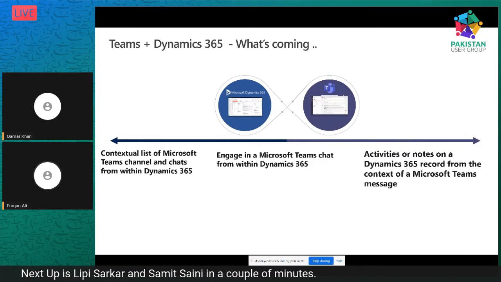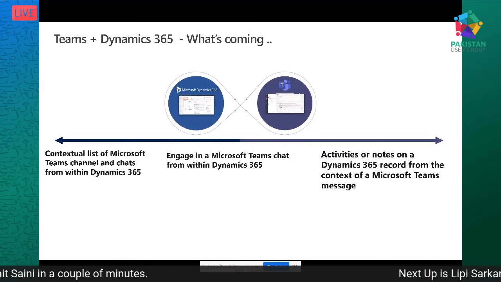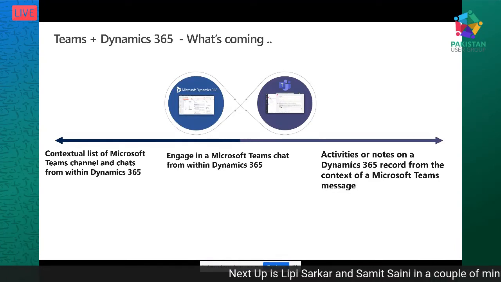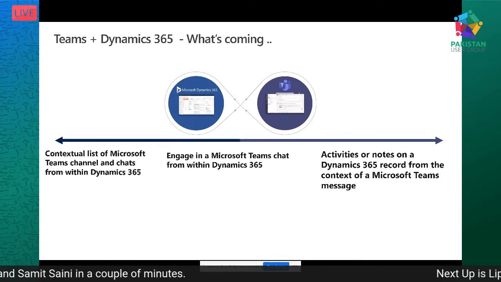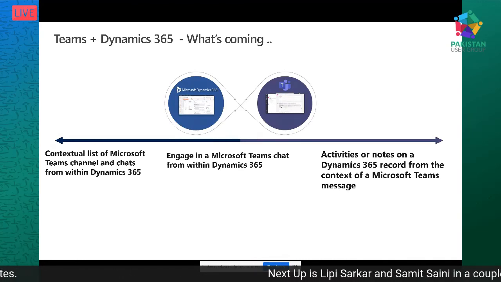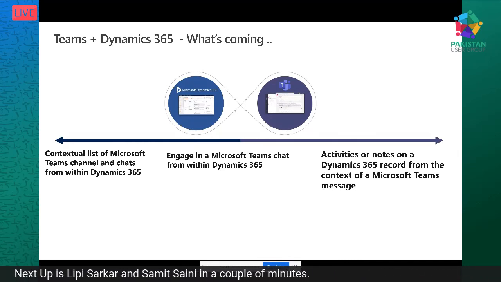So what we are doing is providing a contextual list of Microsoft Teams channels and chats, which means you don't have to connect anything. All of the chats will come to your Dynamics 365 automatically, and you can collaborate directly. So you can link chats and communicate and collaborate from within Dynamics 365.